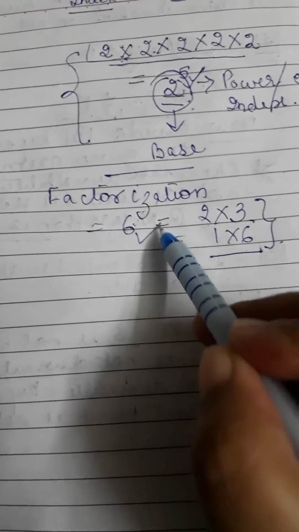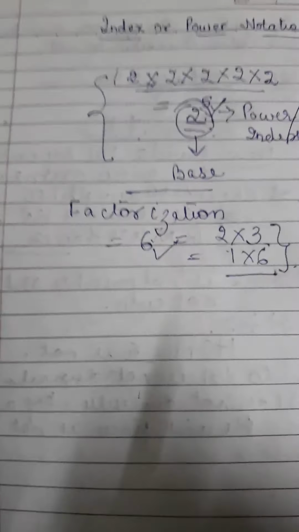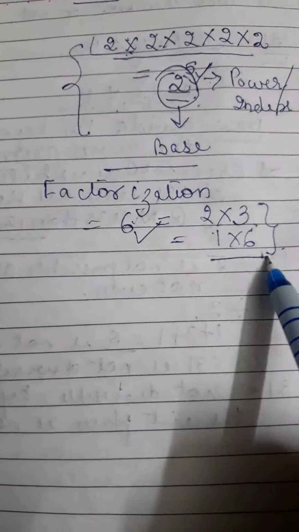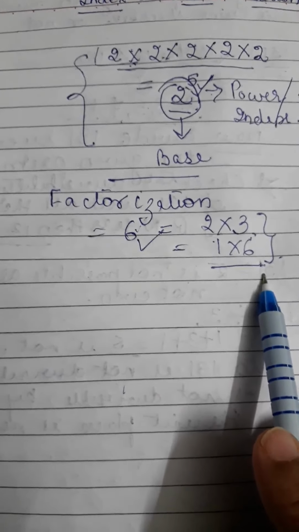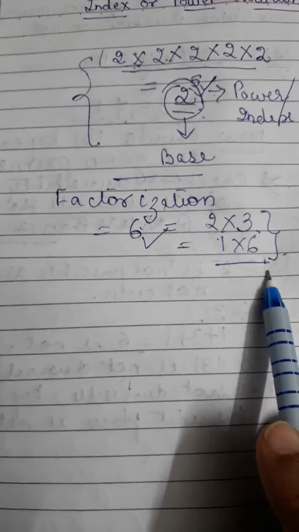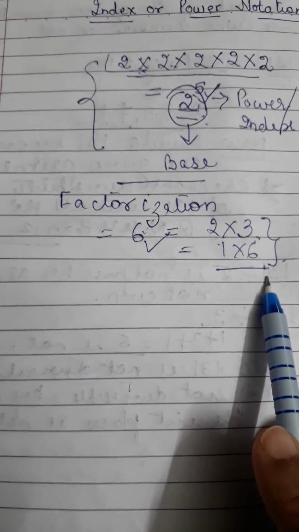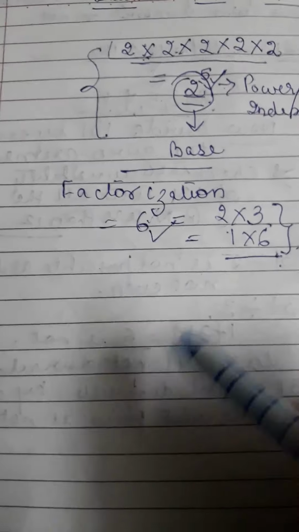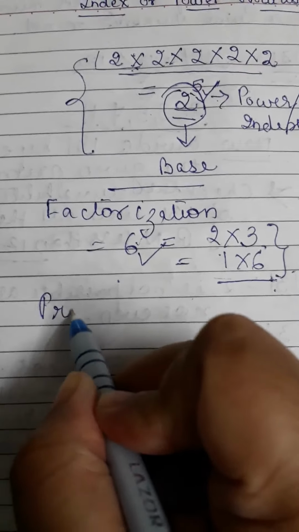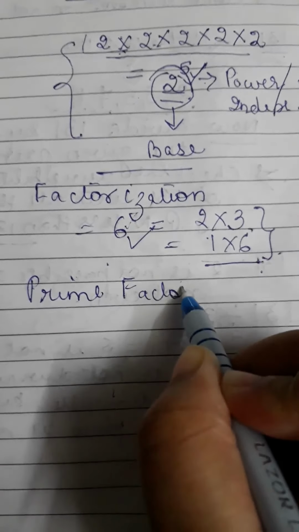You are writing 6 as a multiple of 2 numbers, 3 numbers, 4 numbers, 5 numbers, any numbers. That is known as factorizing it. So expressing a number as a multiple or product of 2, 3, 4, 5 or n numbers is your factorization, not the term prime factorization.